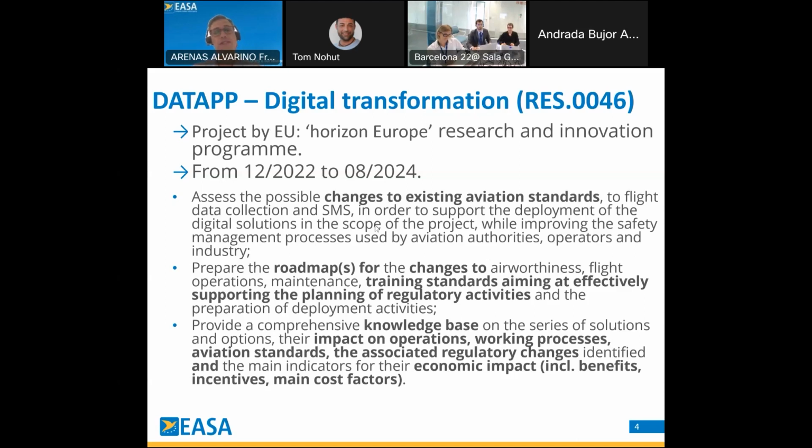The idea of this project is to see and to study possible changes to the existing aviation standards. In this particular case, we are talking about CBTA and EBT. Also to determine and prepare the roadmap to change those standards that I mentioned, meaning the regulation, in a way that is effectively supporting the planning of the regulatory activities.